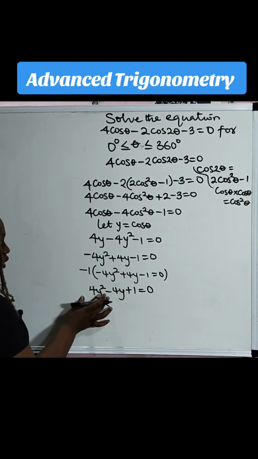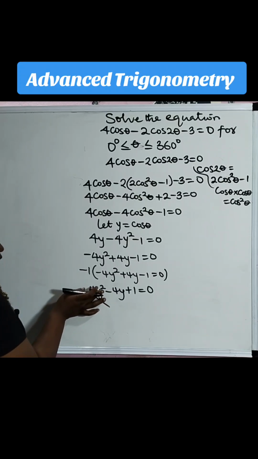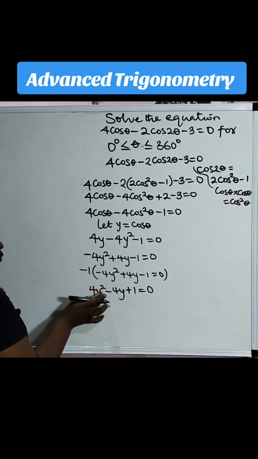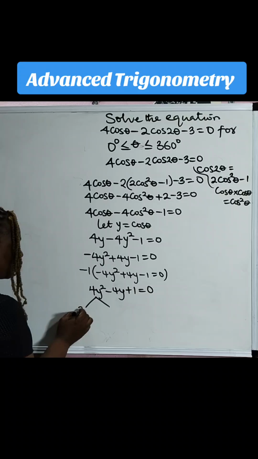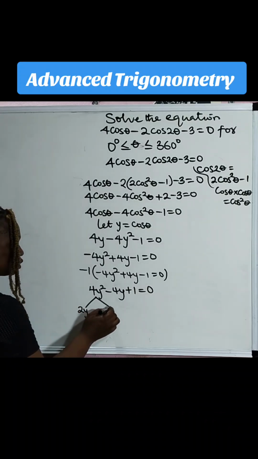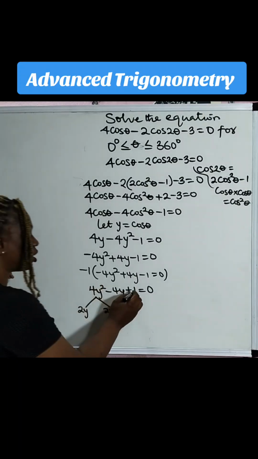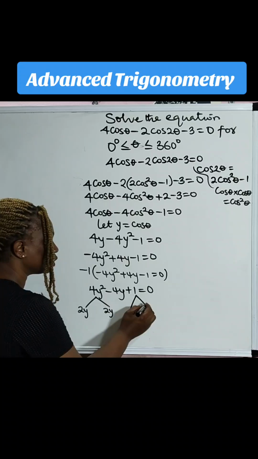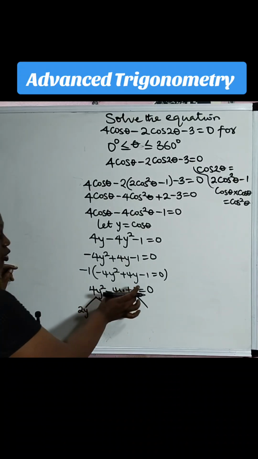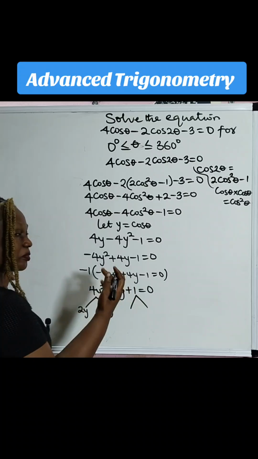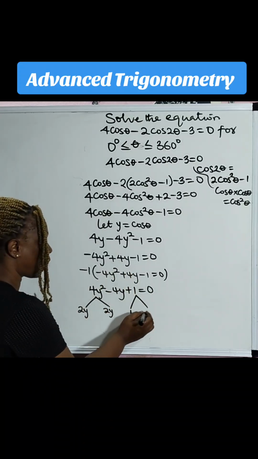Here what do we do to have 4y square? 4 is a perfect square, y square is a perfect square. Okay, so because 2 times 2 gives us 4, y times y will give us y square. So we have that 2y times 2y will give us 4y square. Now under this one, which is the product, we are looking for the product of 1. Remember it's 1 times 1.